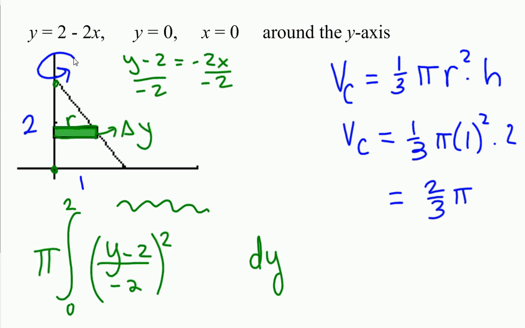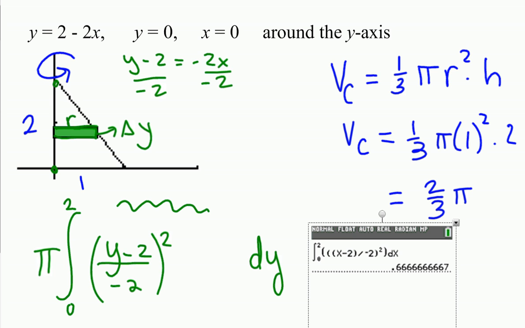If we punch that through our calculator, we will get 2 pi over 3. Just in case you didn't believe me, I got 0.6 repeating, which we all know is 2/3. Place a pi after it, and we end up with 2 pi over 3.